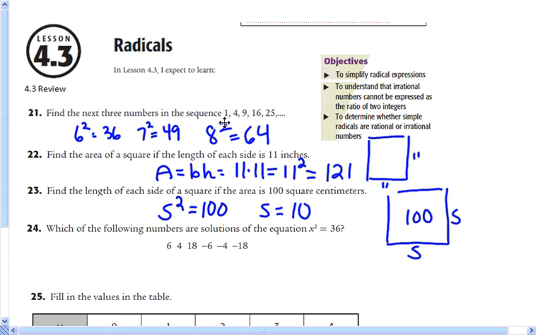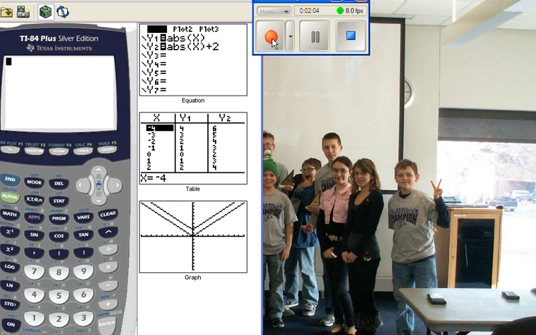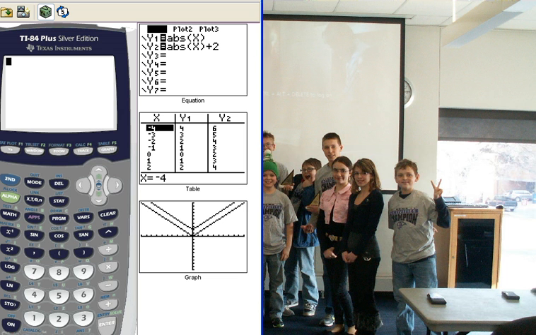Now, I want to introduce you to something on your calculator that we're going to use a lot here. So remember, on the last problem, we were looking for some number multiplied by itself that equals 100. There's a key that does that. It's called the square root key, and it looks like this.